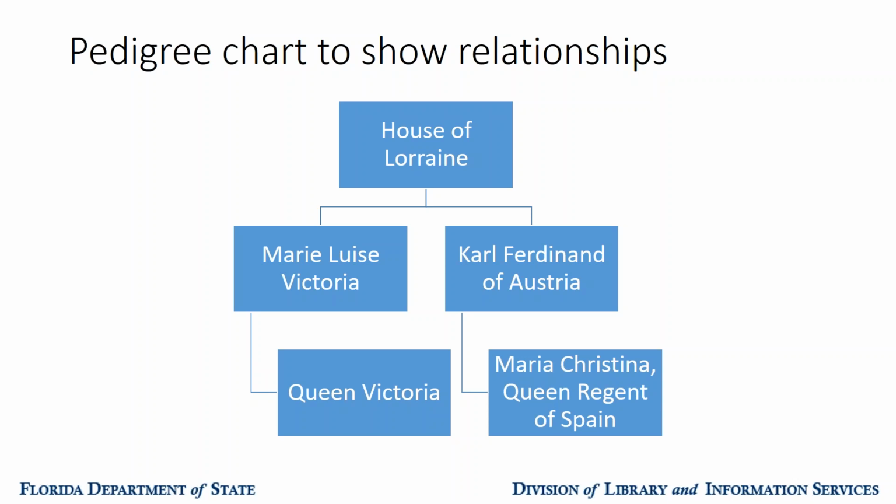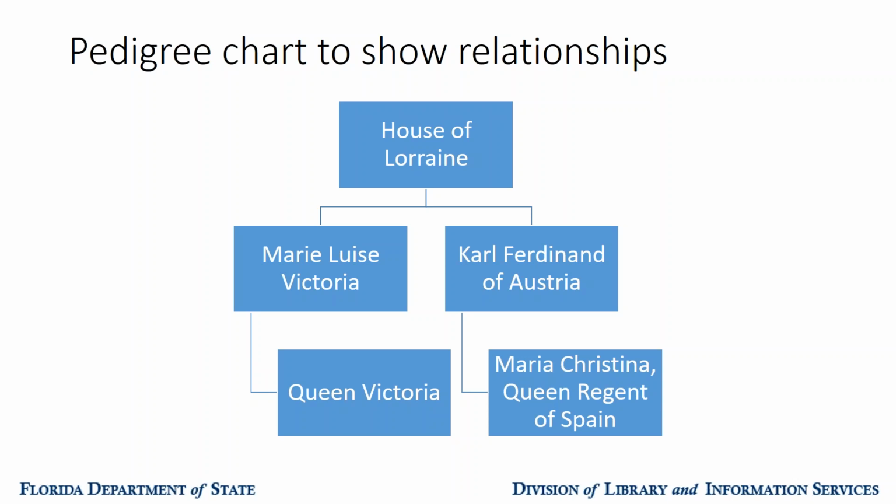The Queen of Spain at the time was actually a queen regent, Maria Cristina. And she wrote to Queen Victoria and asked for advice on how to handle these Americans influencing Cuba at the time and even getting involved.